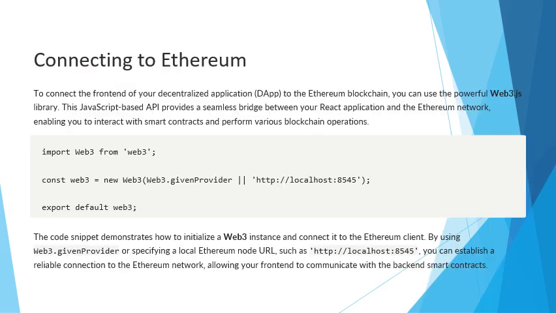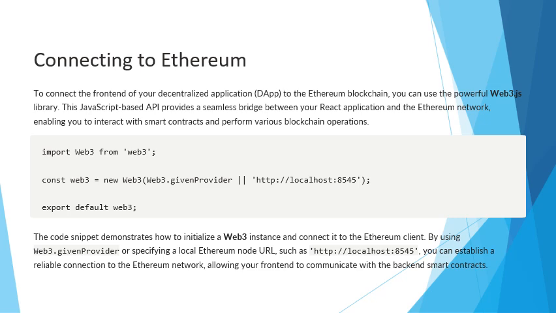To connect the front-end of your DApp to the Ethereum blockchain, you should use the powerful web3.js library. This JavaScript-based API provides a seamless bridge between your React application and the Ethereum network, enabling you to interact with the smart contracts and perform various blockchain operations.